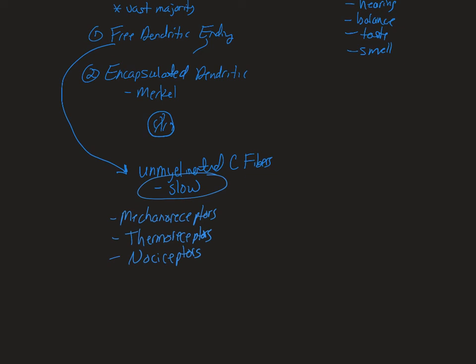Okay. For these free dendritic endings, oops, I made a mistake up here. Merkel cell is not an example of encapsulated. Okay. So some examples of the free dendritic endings are the Merkel cells and the root hair plexus and various itch receptors, which are actually chemoreceptors.